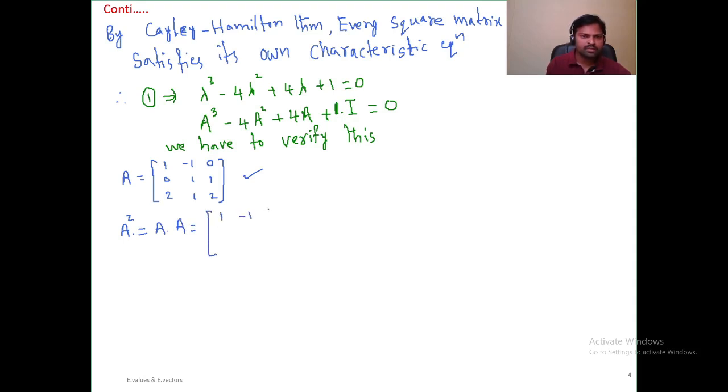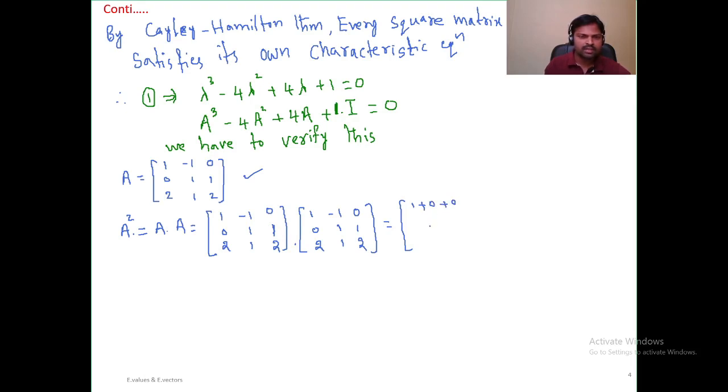So the matrix 1, -1, 0, 0, 1, 1, 2, 1, 2 multiplied by the same matrix again, 1, -1, 0, 0, 1, 1, 2, 1, 2. Then multiply, what will you get? First, 1 into 1 is 1, next 0 plus 0, minus 1 into 0 is 0, next 0 into 2 is 0. So 1 plus 0 plus 0, first entry.